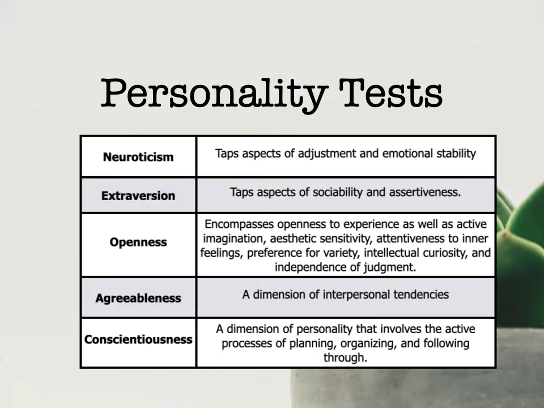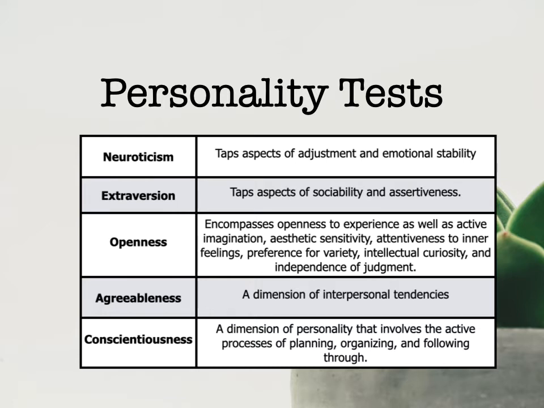Now, what are the 5 domains? Again, the 5 major domains that the Neo-PI-R measures. You have neuroticism, which has something to do with adjustment and emotional stability. You also have extroversion, which taps aspects of sociability and assertiveness; openness to experience, active imagination, and so on.